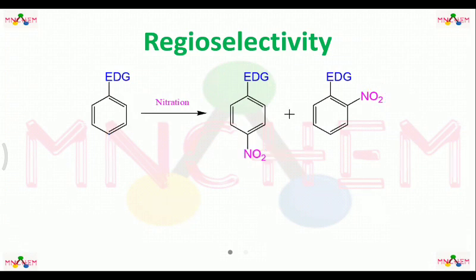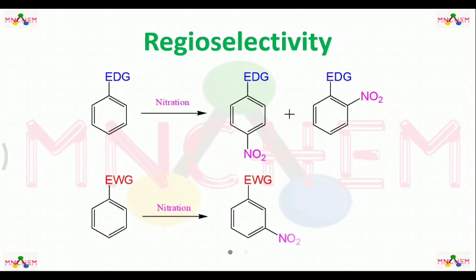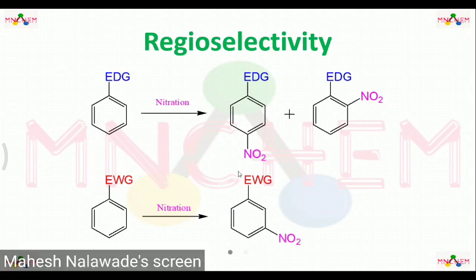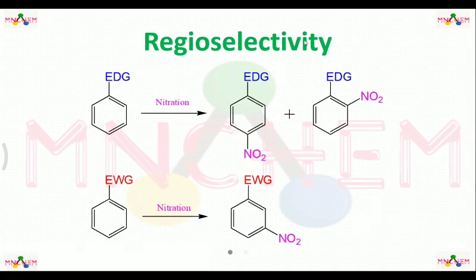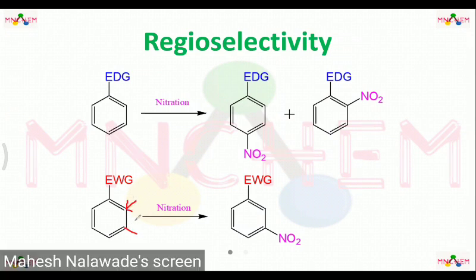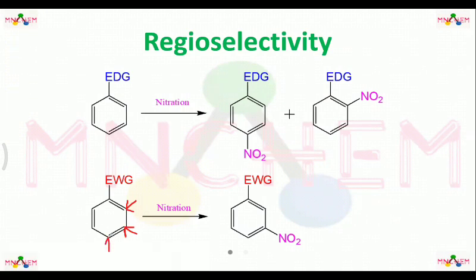In another example, when the benzene ring is attached to an electron withdrawing group, nitration results in the formation of the meta-nitro substituted product. Here, with an electron withdrawing group attached to the benzene ring, there are three sites available for substitution: ortho, meta, and para.